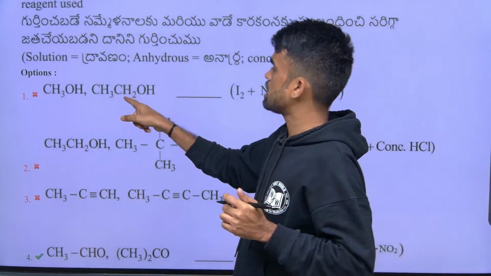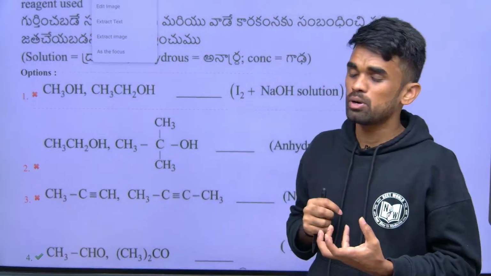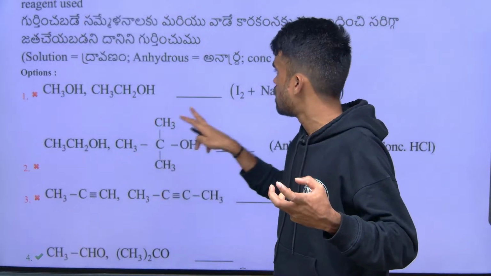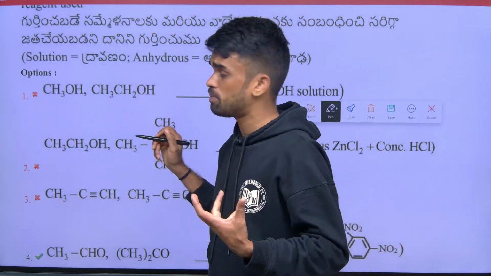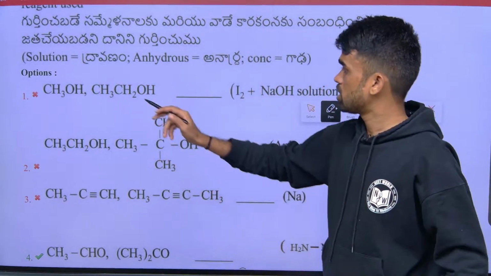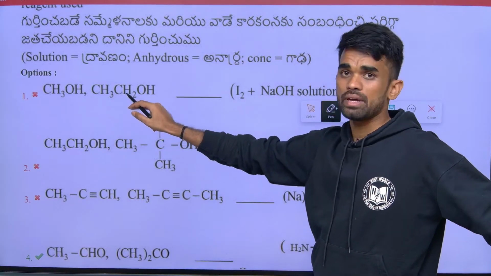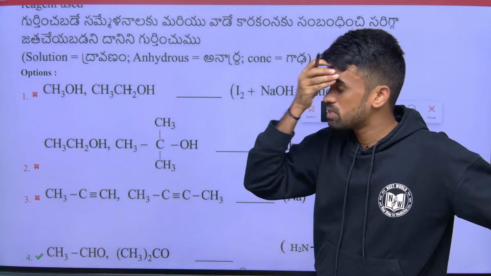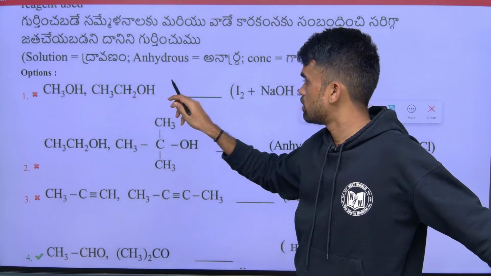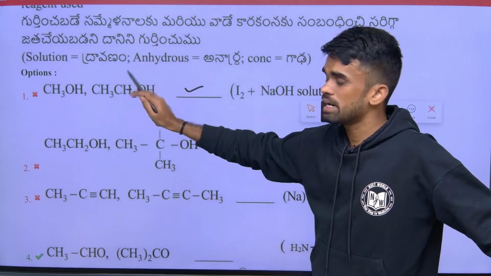We know methyl group containing carbonyl compounds, aldehydes, ketones will give the iodoform test. Methanol will form formaldehyde upon oxidation and ethanol will form acetaldehyde. So acetaldehyde will give the iodoform test, whereas formaldehyde won't. So this can be separated. That's why this is the correct match, not the incorrect one.